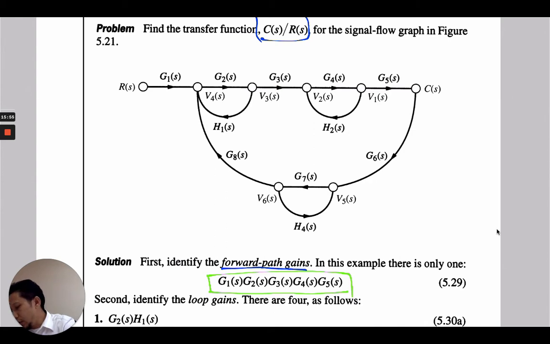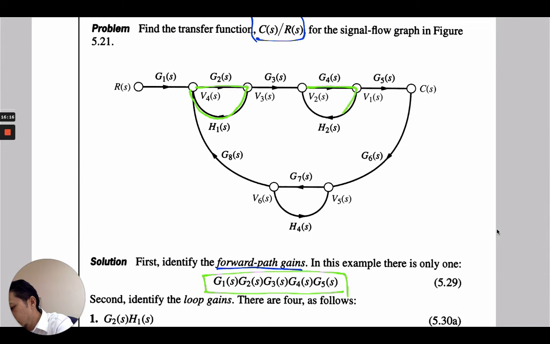The loop gain is formed by a loop between the nodes. So the first loop here is between V4 and V3: we have G2 H1, and then we have G4 H2. Next we have G7 H4.